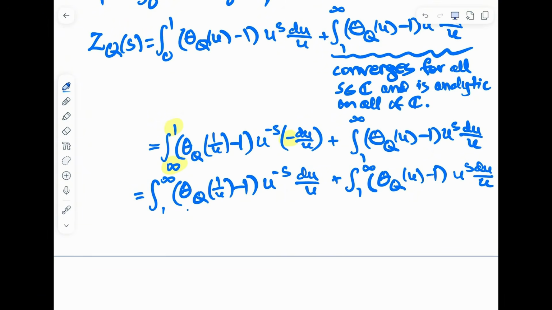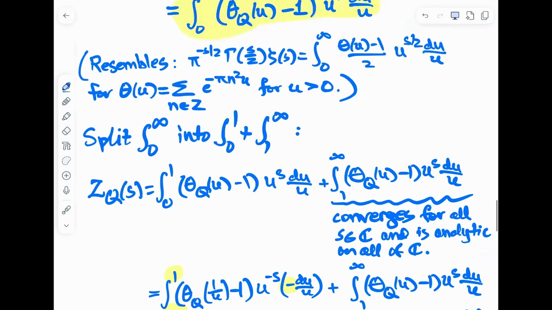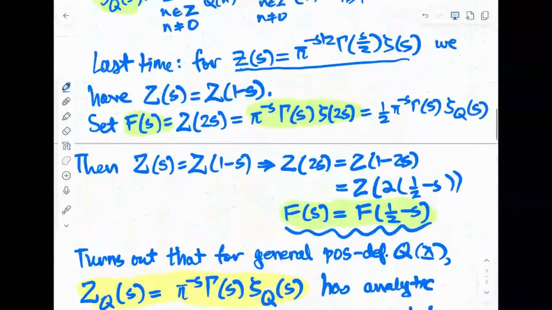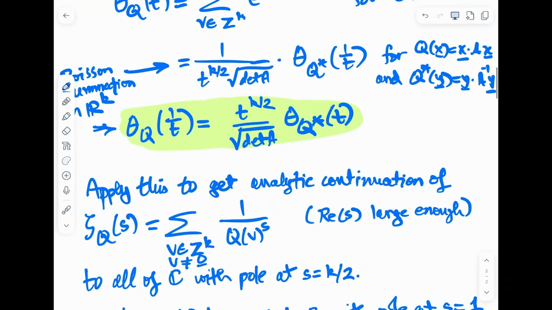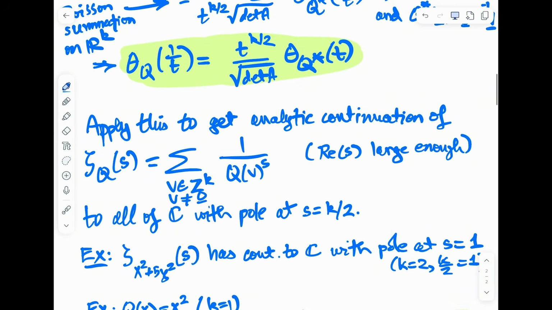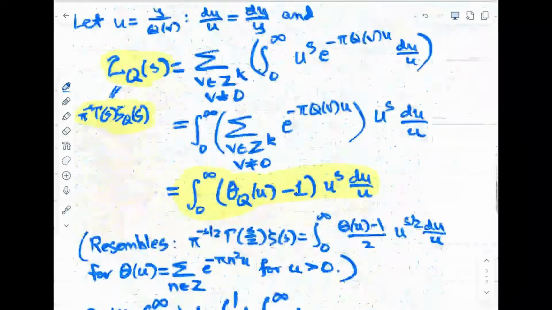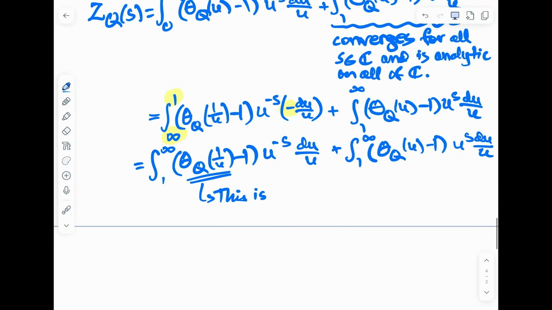And this thing here, what is this as a function of u? If we go back up to, where were we? Right there. So theta q of 1 over something is that thing to the k halves over the square root of the determinant of the matrix defined in the quadratic form times theta of q star at u. So here we have theta q of 1 over u.